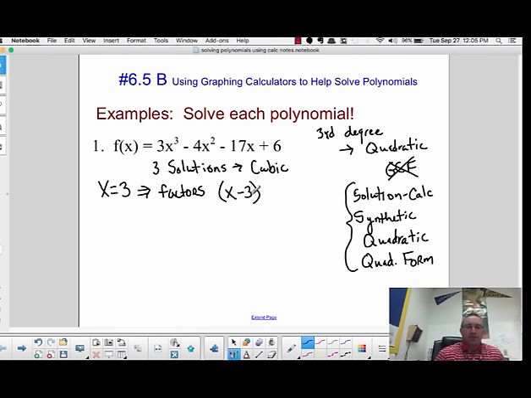So I know that this cubic will factor into x minus 3 and something else. Now I have to figure out what this other part of the polynomial is, and I'm going to use synthetic division to do that.